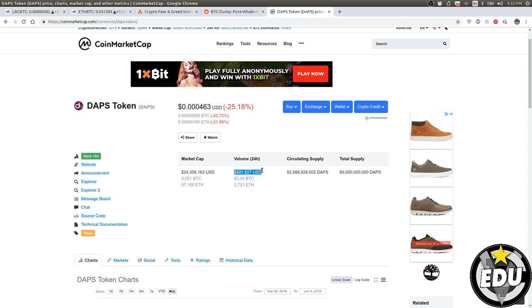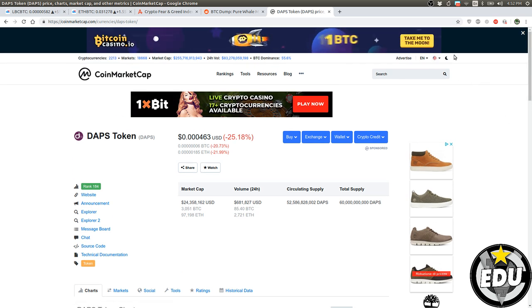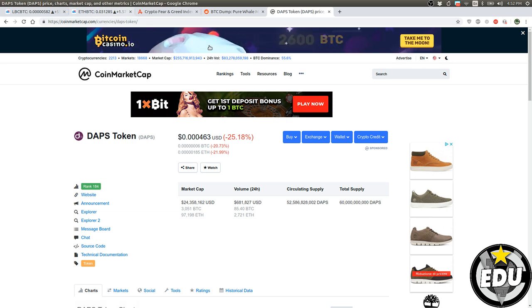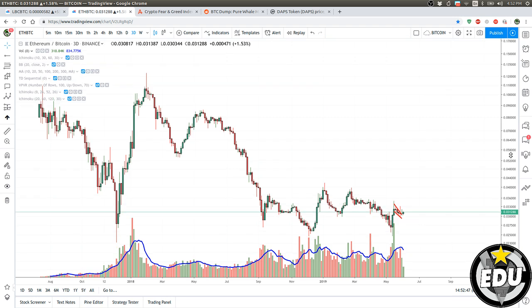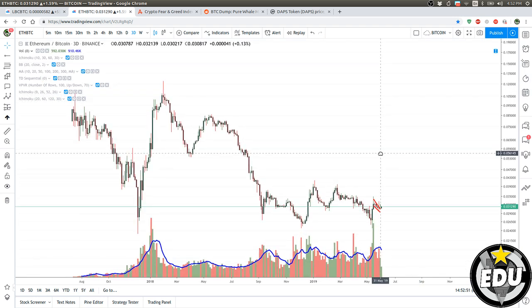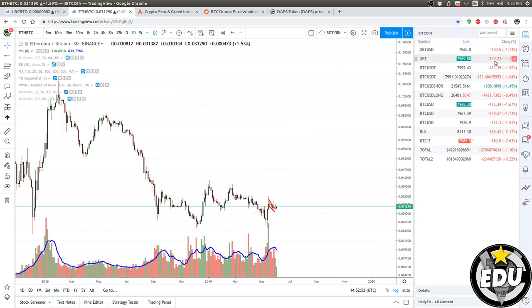On DAPS, volume is actually lower, but the market cap is 24 million, so way higher than Libra coin. Oh, they did? Oh, they're terrible. What a shit team. But I'm holding, I don't care. When the bull run starts, the coin will go to 100 sat. No problem.